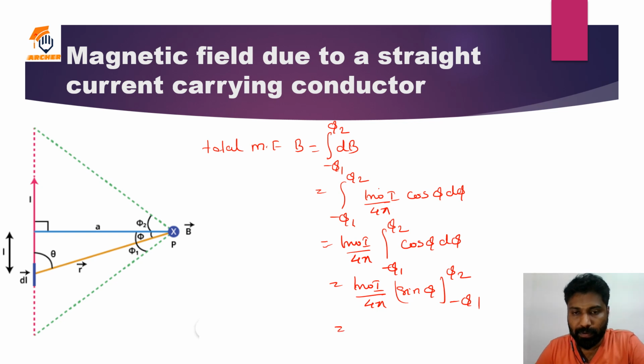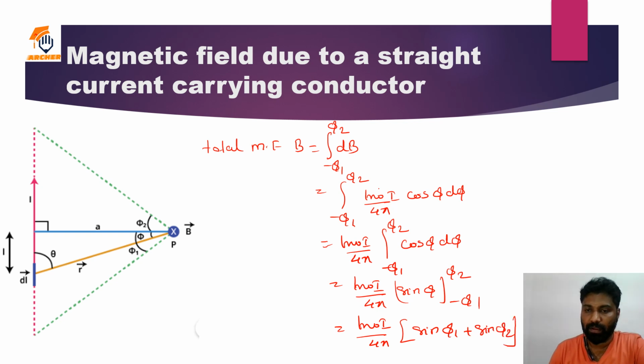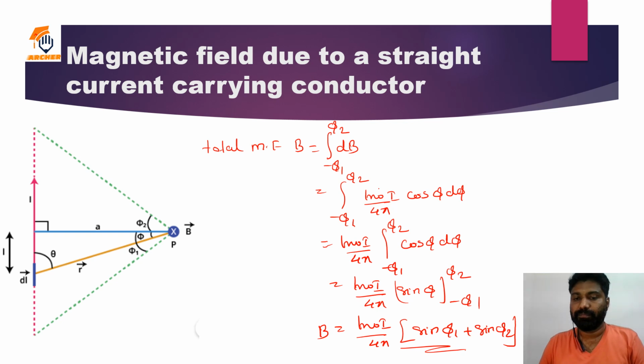So by solving this, what will we get? Mu 0 I by 4 pi times (sin phi 1 plus sin phi 2). Okay, so this is the total magnetic field here.